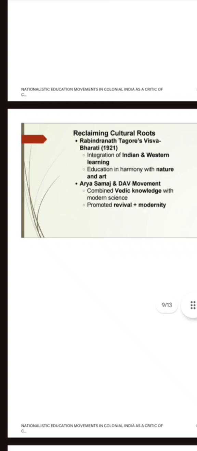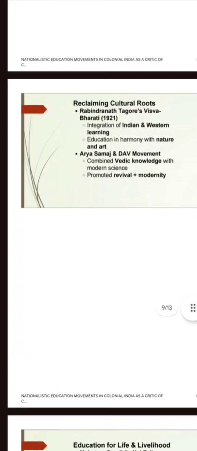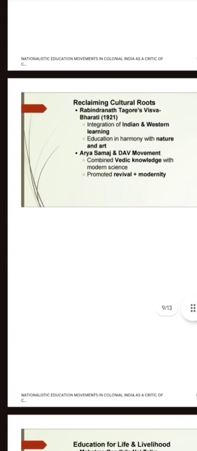The next one is reclaiming cultural roots. Rabindranath Tagore's Vishwabharati, 1921, integrated Indian and Western learning, with education in harmony with nature and art. The Arya Samaj and DAV movement combined Vedic knowledge with modern science and promoted revival and modernity.